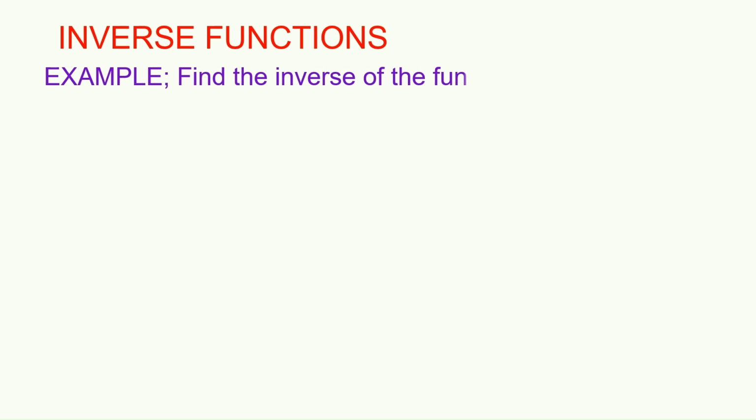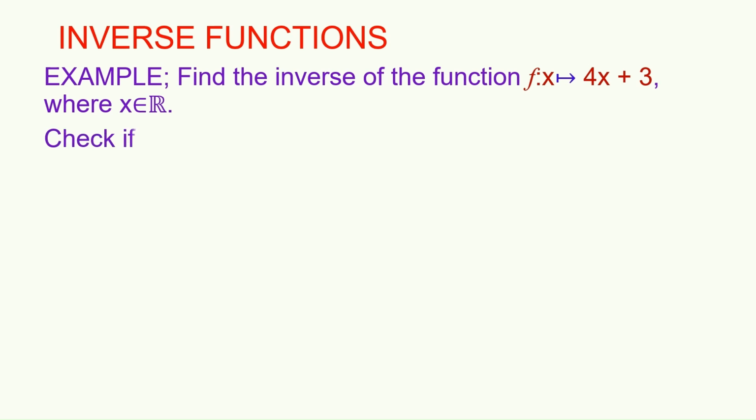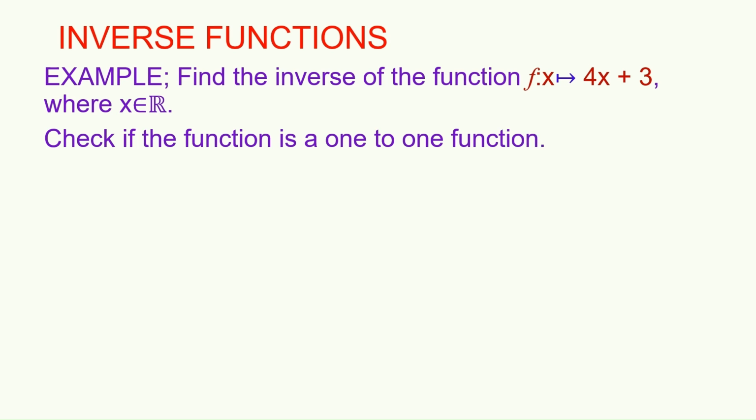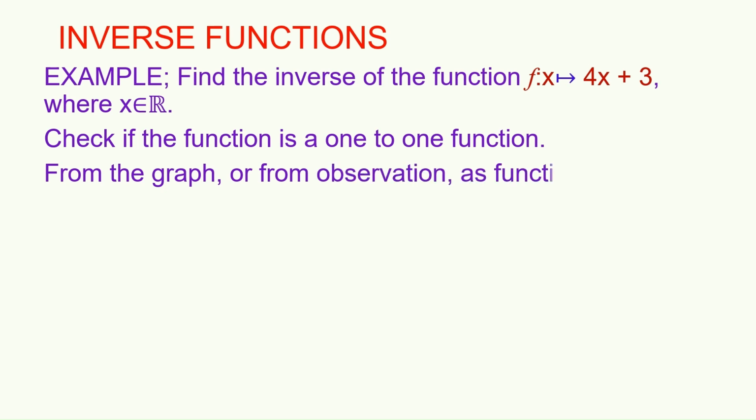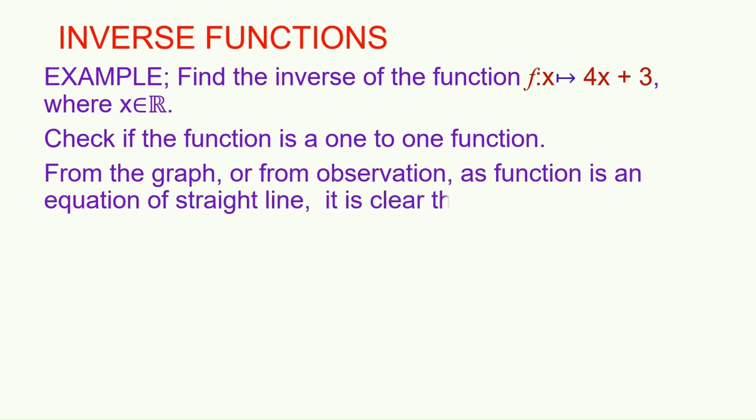Example. Find the inverse of the function f mapping x to 4x plus 3, where x is an element of the set of real numbers. Check if the function is one-to-one from the graph or from observation. As the function is the equation of a straight line, it is clear that f is a one-to-one function.